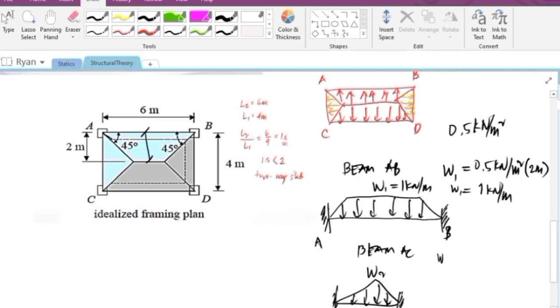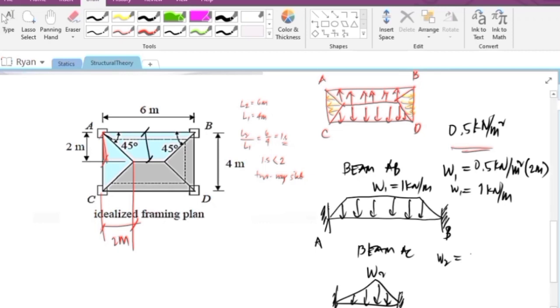So W2 is just equal to, we need to compute this distance because this is what we will multiply by 0.5 kilonewton per square meter. Now, since this is 45 degrees, this distance here is just equal to this distance here. So this is also 2 meters.